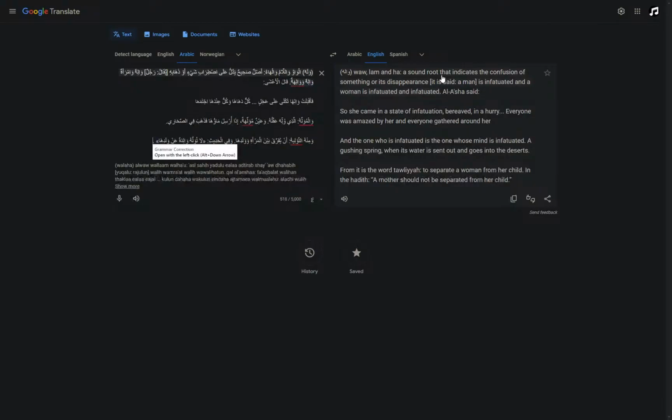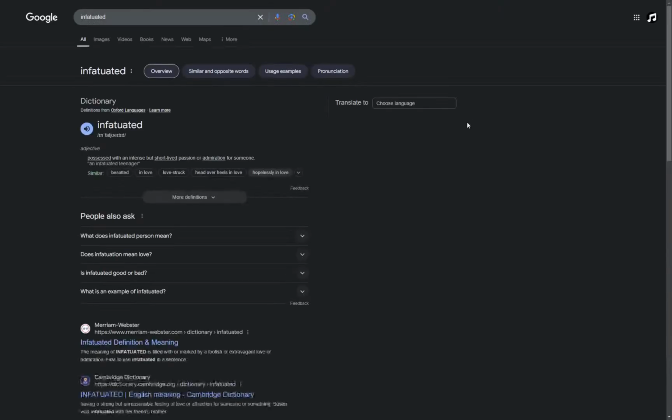A sound root that indicates the confusion of something and its disappearance. It is said a man is infatuated. What does infatuated mean? Possessed with intense, short love or admiration for someone. Love meaning love.